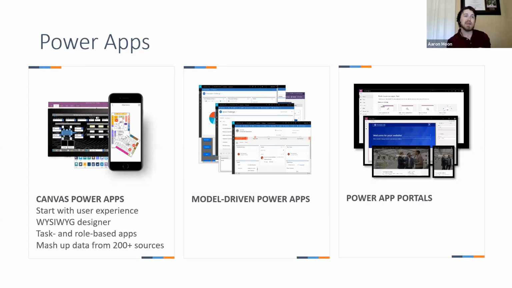When you build these applications, you do a click and drag experience, which is also what we refer to as WYSIWYG, or what you see is what you get. That means that while you're building it, you're seeing how it's going to look when it's out in the hands of the people who are going to use it.